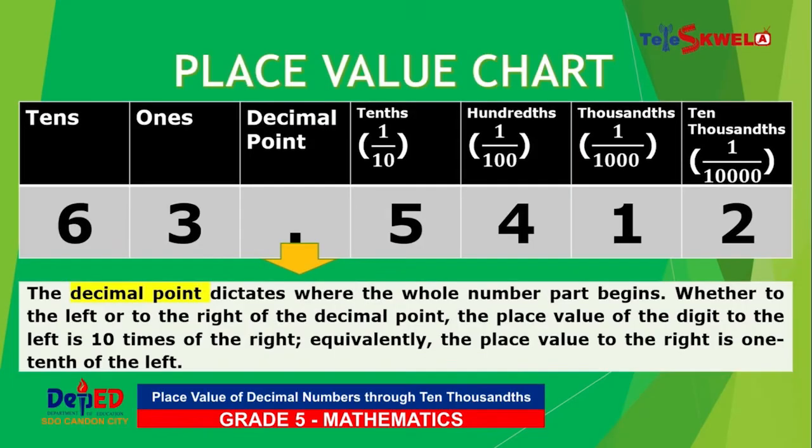Whether to the left or to the right of the decimal point, the place value of the digit to the left is 10 times of the right. Equivalently, the place value to the right is 1/10 of the left. To further understand the concept, let us study the following example.